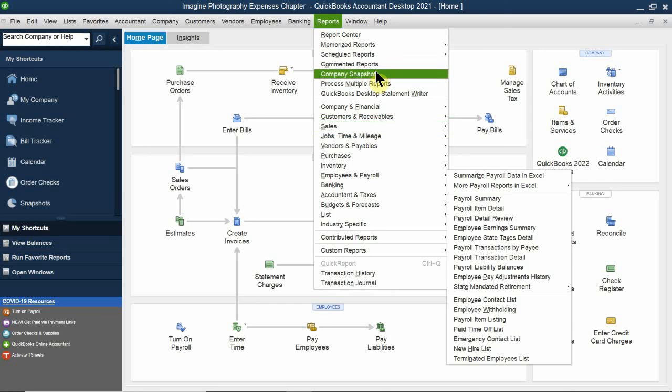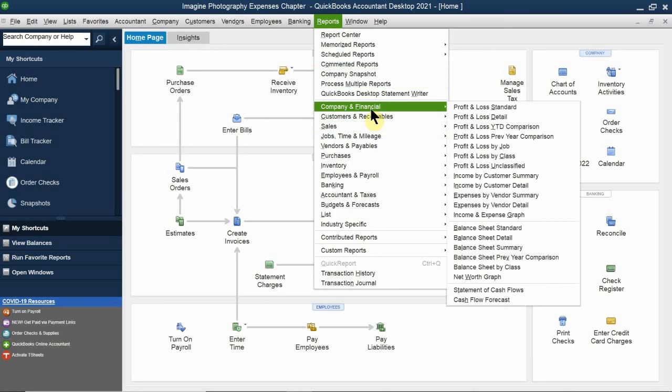Why do you need to run yourself an accounts payable or a vendor balance detail report if you're just in charge of sales? If you're in charge of sales, you should be responsible for your own section, which is going to be dealing with customers. So it really depends on the position that you are in.